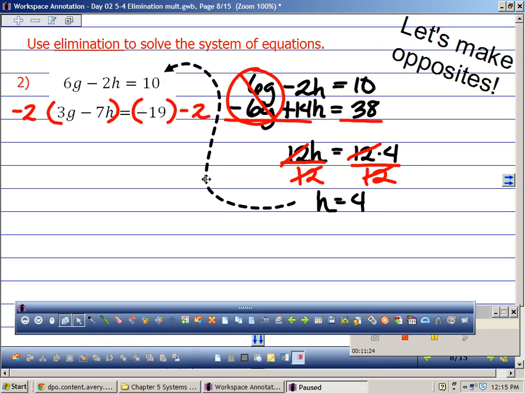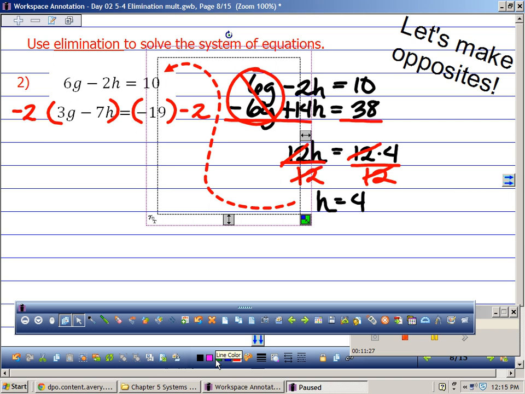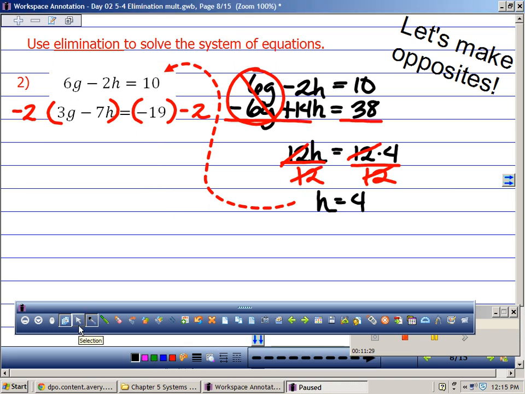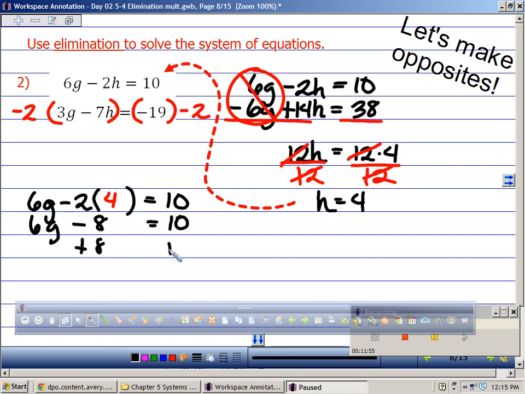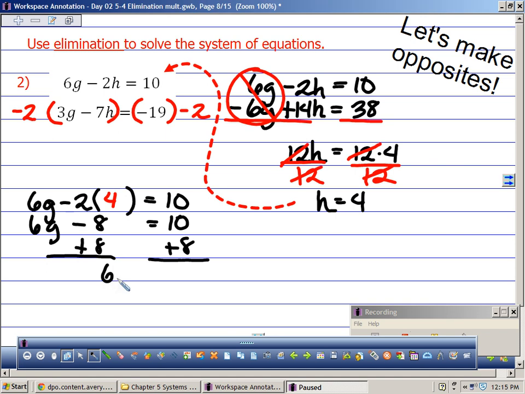When I substitute that back in, I have 6G, and I know you don't know what G is. 6G minus 2 H's equals 10, and I know that my H is 4. Add 8 to both sides. 6G equals 8.